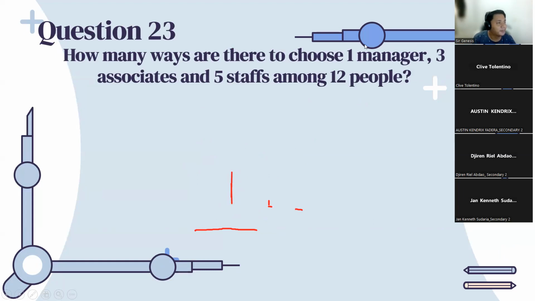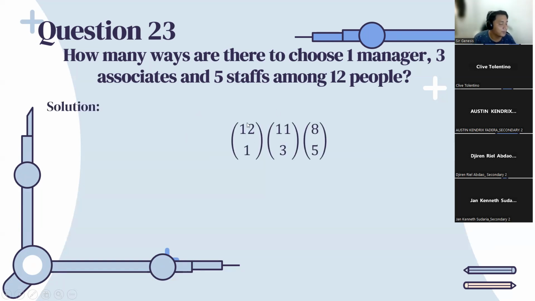Okay. Number 23. How many ways are there to choose 1 manager, 3 associates, and 5 staffs among 12 people? Okay, so this is just easy. What you can do is choose 1 manager among 12 people, that will just be 12 choose 1, right? So we will be left with 11. So you choose 3 associates from 11 people, that will give you 11 choose 3.